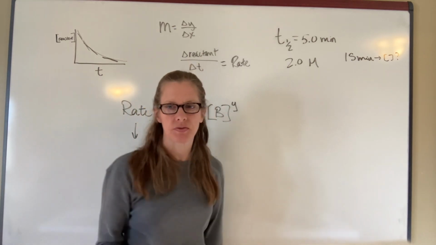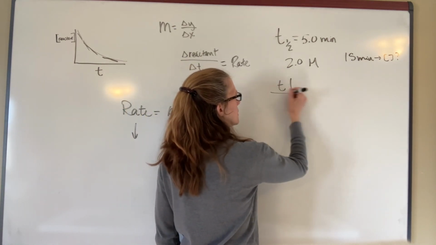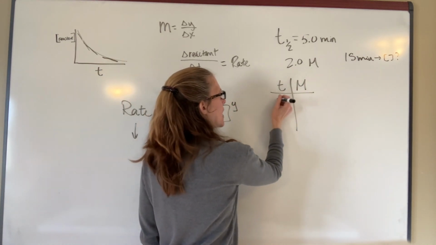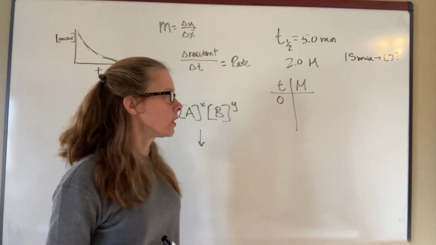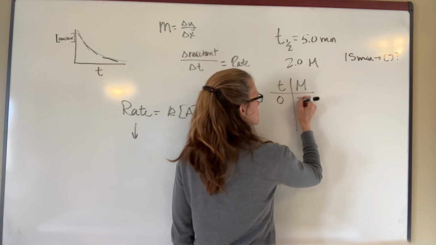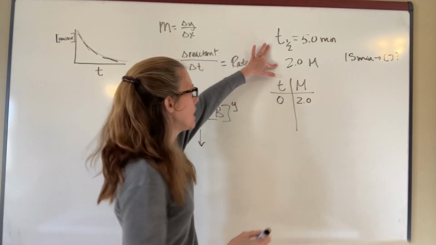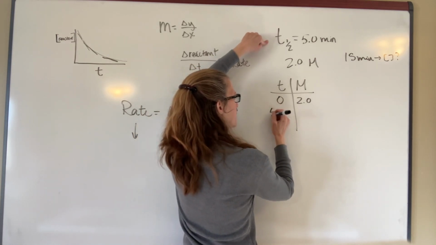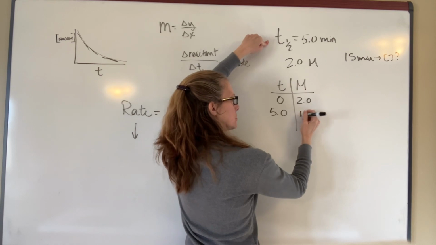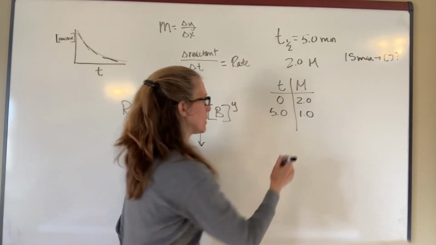So let's think about it this way. Here's my time and here's my concentration. At time 0, before this decomposition starts happening, the concentration is 2 molar, because that's what it told us. After 1 half-life, after 5 minutes, this concentration is 1, because I got half of what I had before.